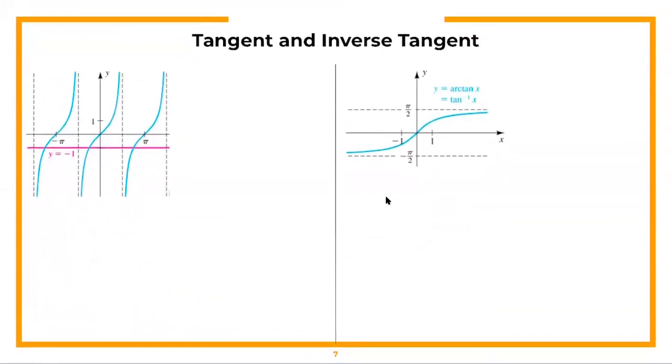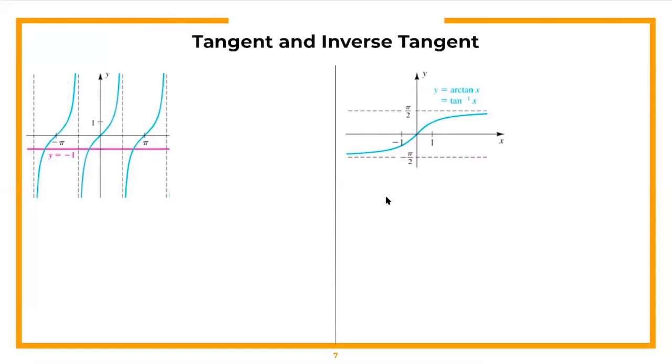Let's take a look at our tangent. So our domain and our range. One of these is all real numbers for tangent. Which one has the all real numbers? Is it domain or range? Range. It is the range. Good job. So our range is all real numbers, but our domain is almost all real numbers. We have to account for all the asymptotes there.